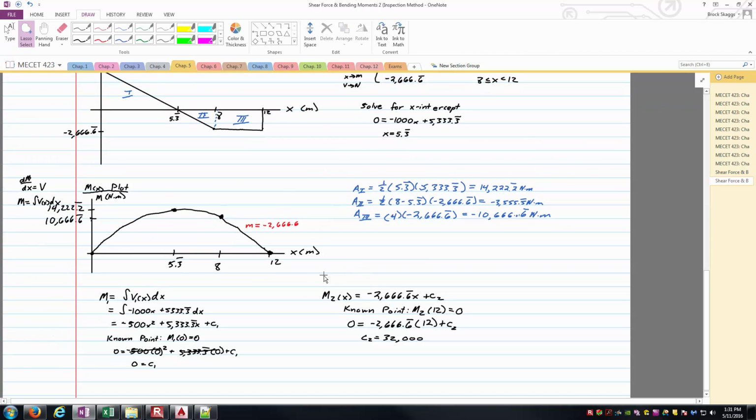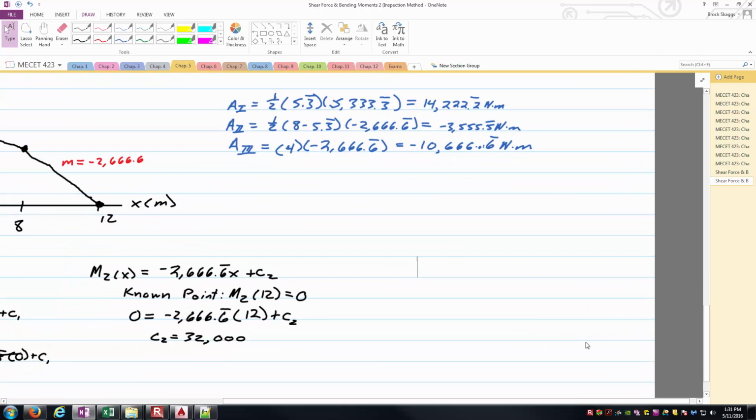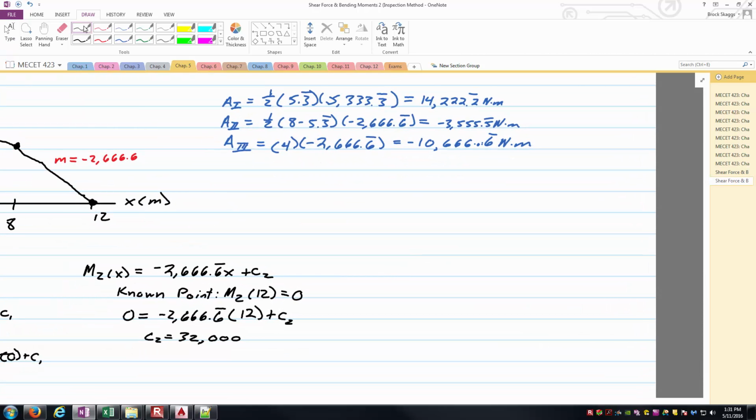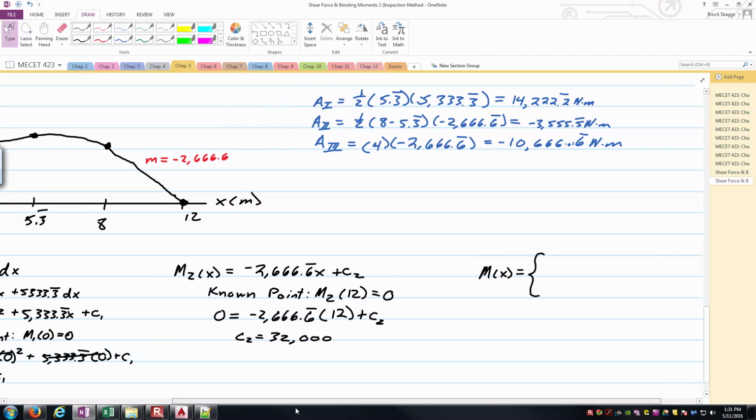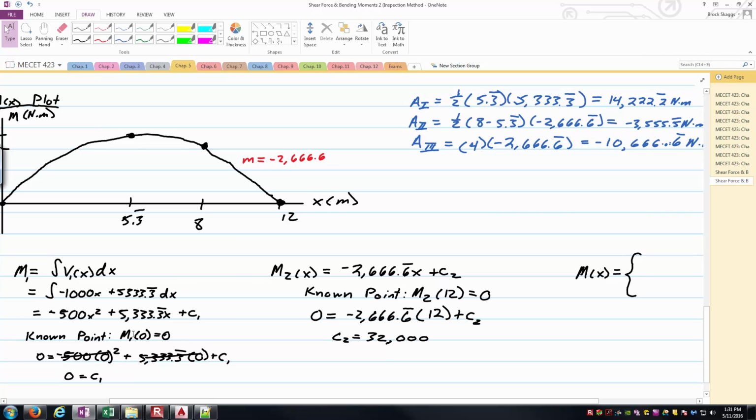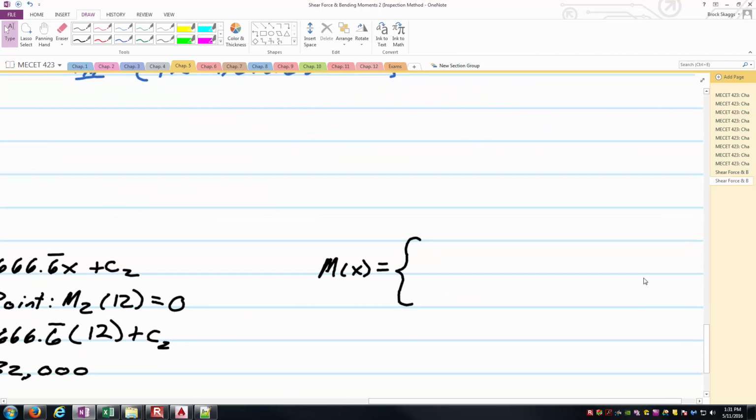So at this point, let's go ahead and make it a little neater. We've got all the answer here, but it's just kind of all over the place, if you will. And so let's finally come over here and write our piecewise defined expression for m as a function of x. Here I'll say m as a function of x is equal to, well, over the first 2/3, this relationship here, negative 500x squared plus 5,333.3 repeating x, and C1 went to 0.